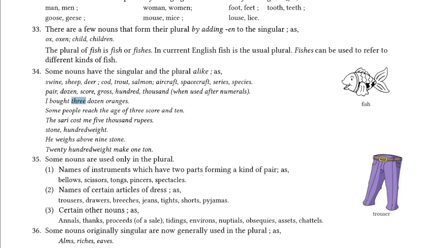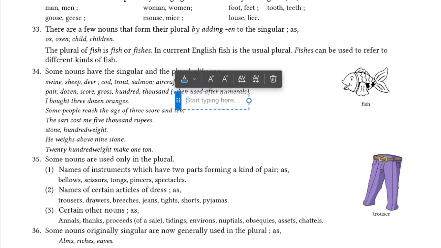What is the difference between a number and a numeral? Let me explain it. 3 is a number, while 3 is a numeral.